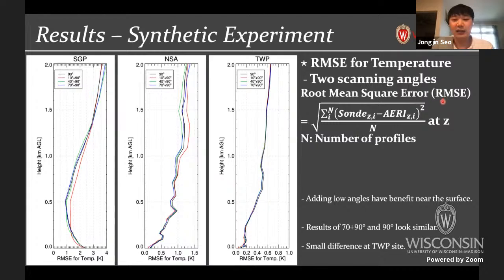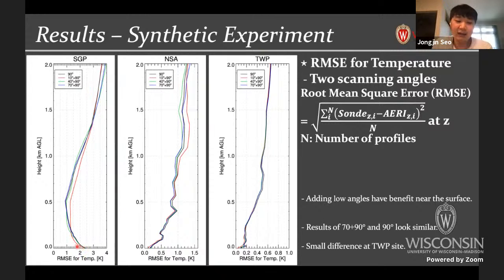RMSE is calculated using these equations, where y is the height and x is the RMSE for temperature. The black is single zenith, red is 10 plus zenith, and blue is 70 plus zenith at different sites: SGP, NSA, and TWP.